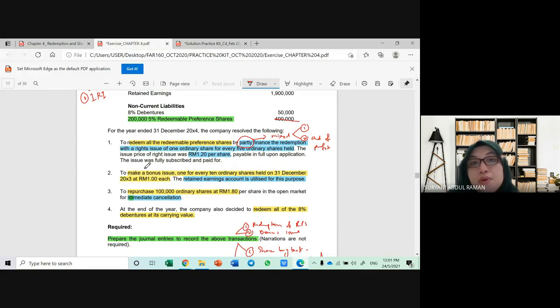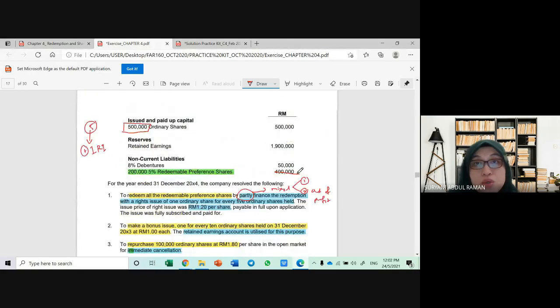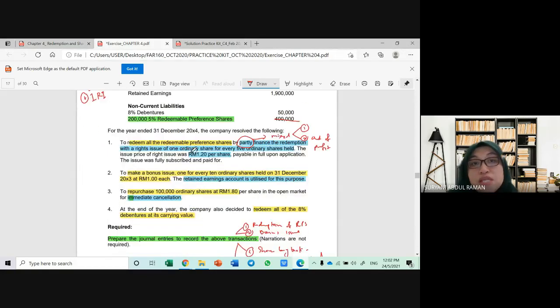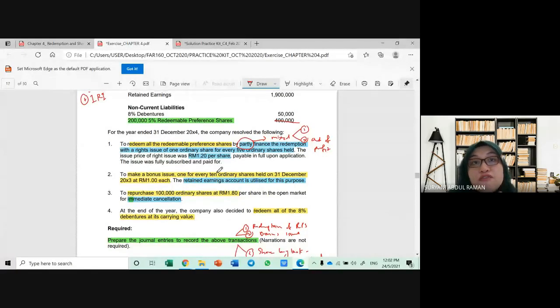Okay, you will make a bonus issue for every 10 shares held on 31st December 2003 at 1 ringgit each. So this is the transaction that happened on 31st December, balance on the 31st December 2003. Again, we are going to refer to the ordinary shares, but this time as for bonus issue, you will only get one for every 10 shares.